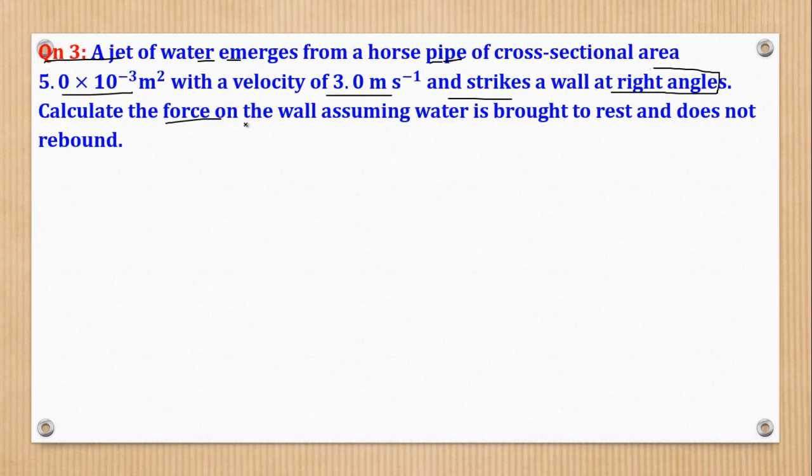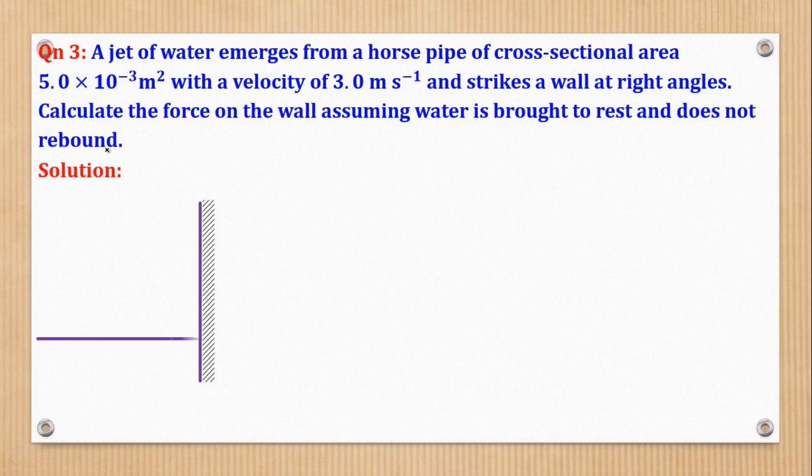Calculate the force on the wall assuming water is brought to rest and does not rebound. Okay. So yes, still we shall need to make a sketch. So this is the water striking and this is rebounding. They said it doesn't rebound, that is why we give it 0 velocity.